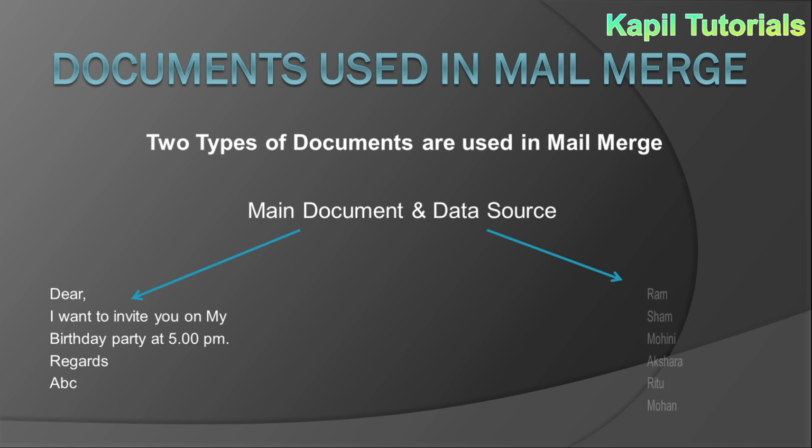The data source, on the other hand, means the names of the people to whom we have to send the personalized letters. Here I have given the example of Ram, Sham, Mohini, Akshara, Ritu, Mohan. It could be 100 also, it could be 200 also, depending upon the number of persons to whom we have to send the letters.